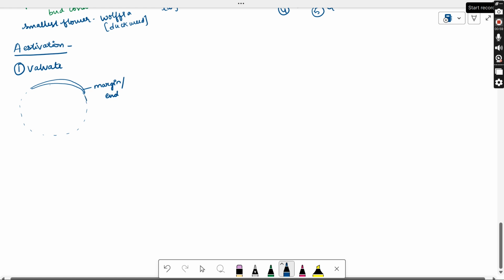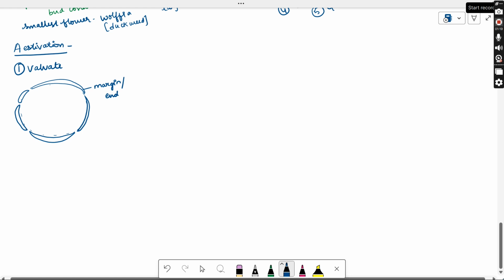In the same way, in total they are five in number. They are just arranged on the same plane, but they are not going to overlap. They are just facing each other. This condition we call the valvate type of aestivation.